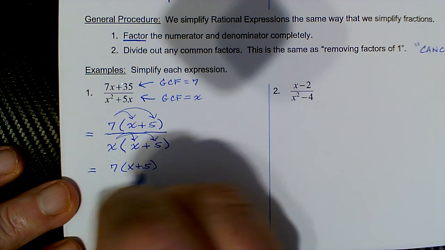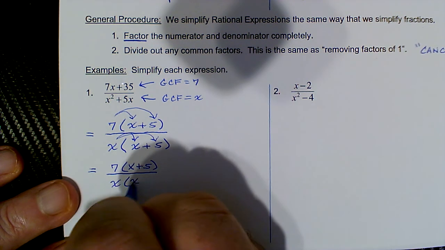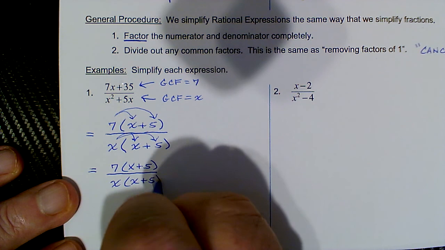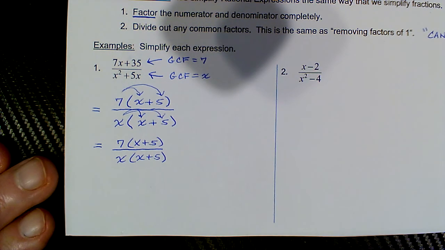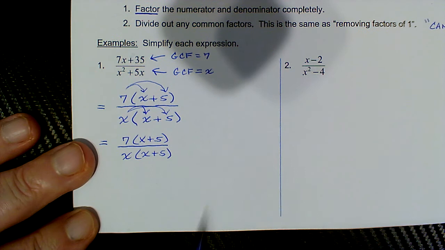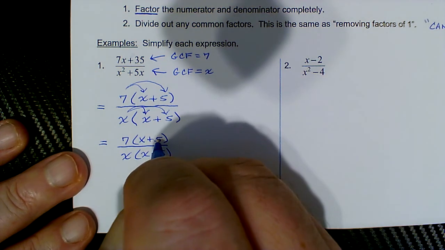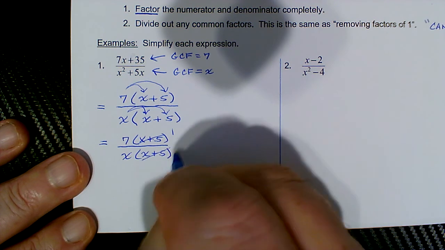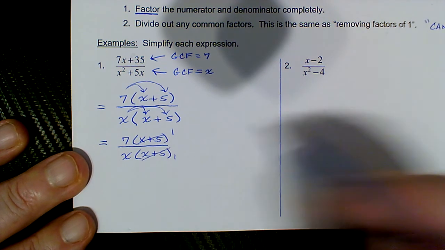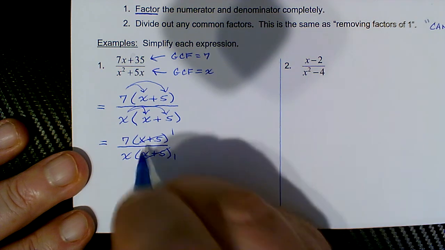And this type of thing typically happens where upon your cancellations, you'll see something common. And now what we should recognize is that x plus 5 is common to both numerator and denominator. You can cancel them out. I always replace them by 1s. A lot of people don't even do that. They'll just cross them out and go right to the final answer in this case, which is 7 over x.